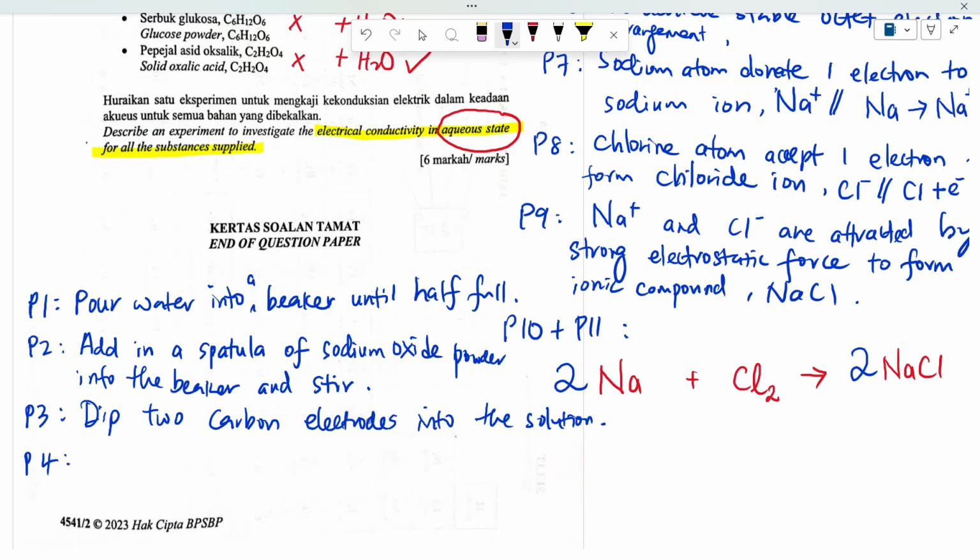To battery. What else? Connect to voltmeter or ammeter. Or if you don't want to use an ammeter, what else can we use to see the electrical conductivity? Galvanometer can, but the obvious one, we can use a bulb.